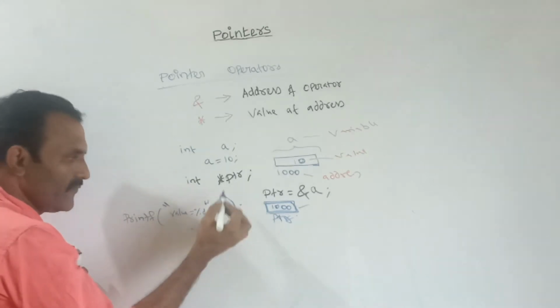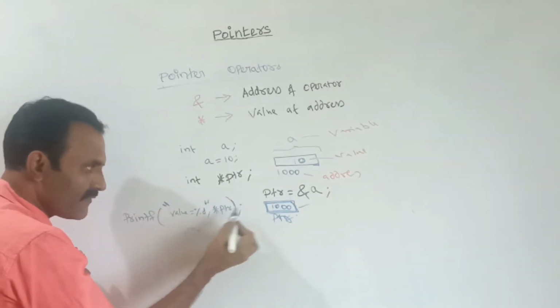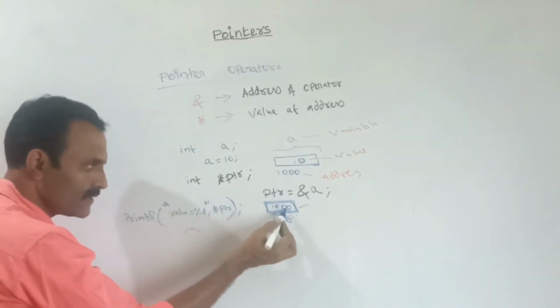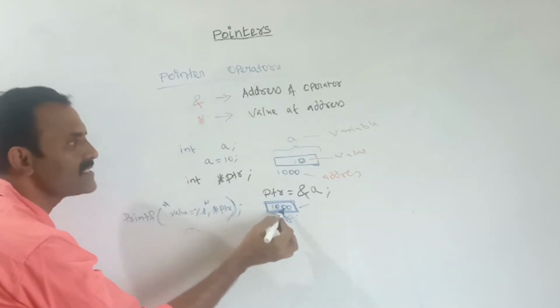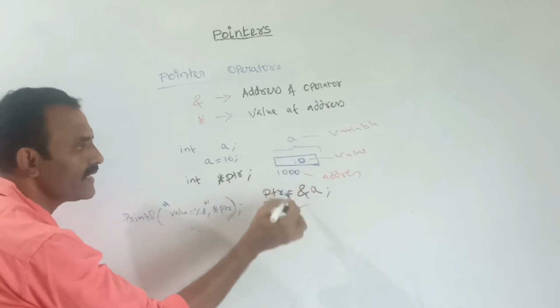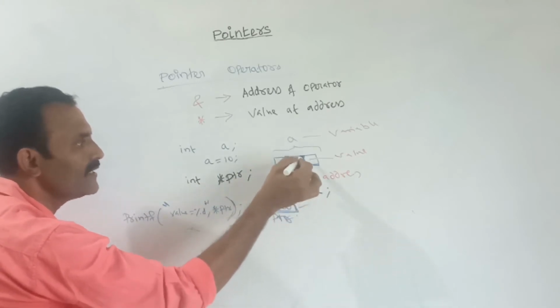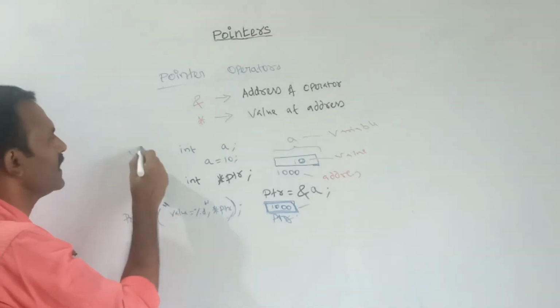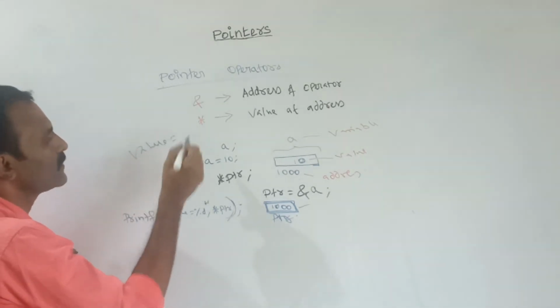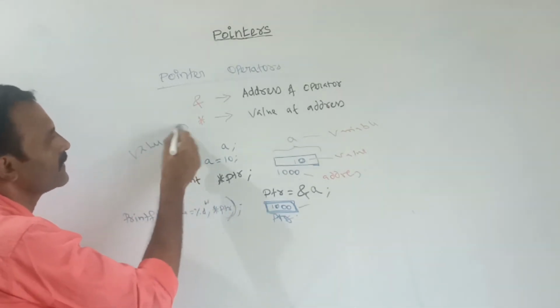In ptr, what is the address? 1000. So the value at address 1000, what is it? In 1000 the value is 10. So the result will print like this: value is equal to 10.